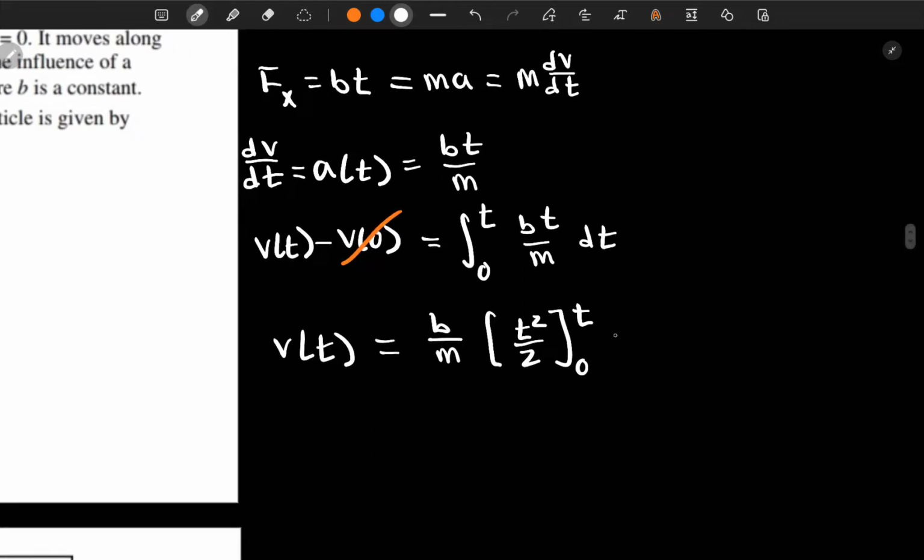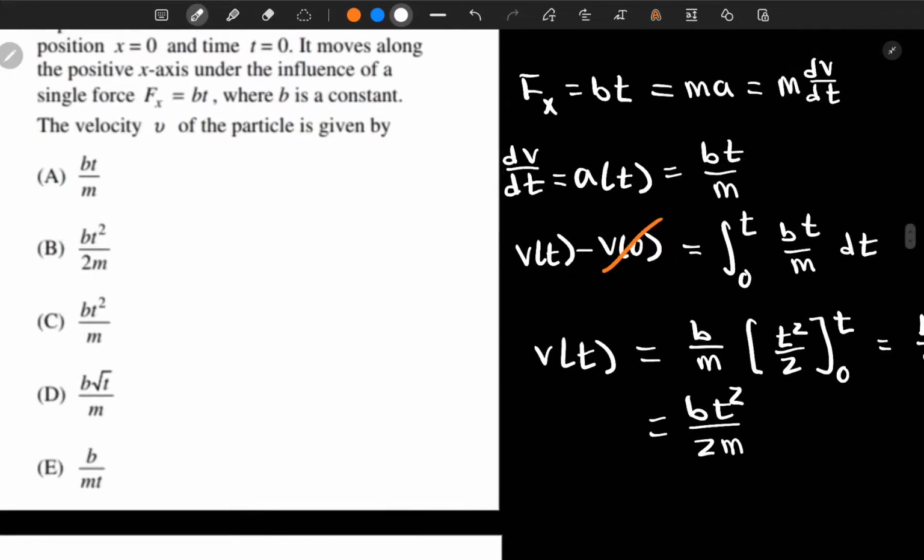Then, this is b over m times t squared over 2 minus 0. So the answer here is that the velocity is equal to bt squared over 2m. That is, the answer is B.